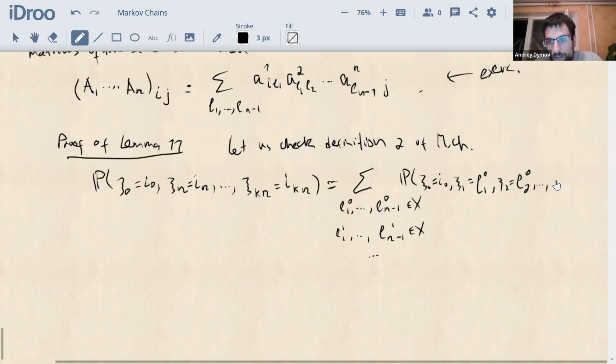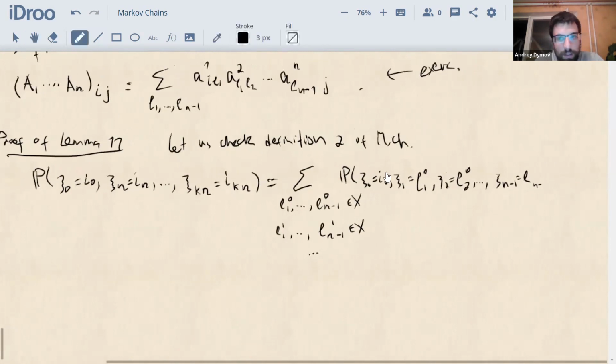At xi n minus 1 I am at Ln minus 1, 0, at xi n, I should be in IN.